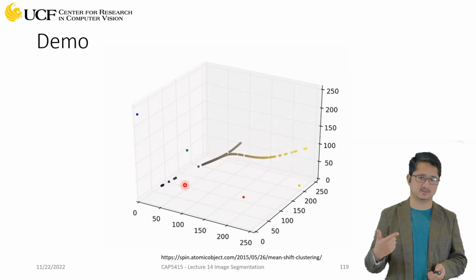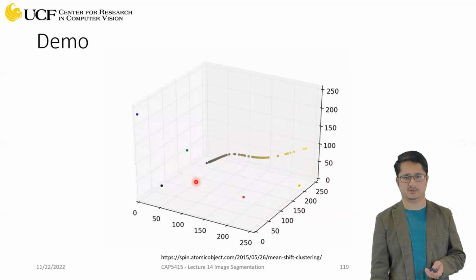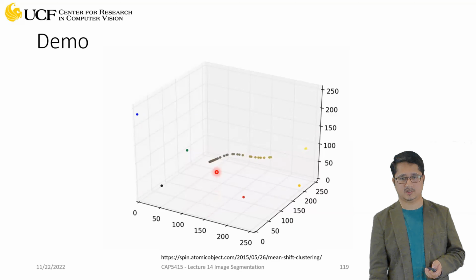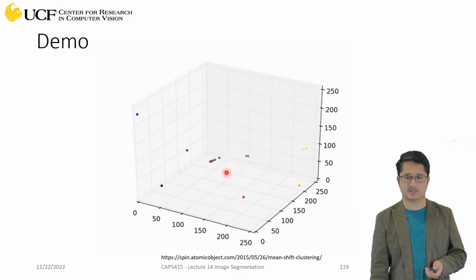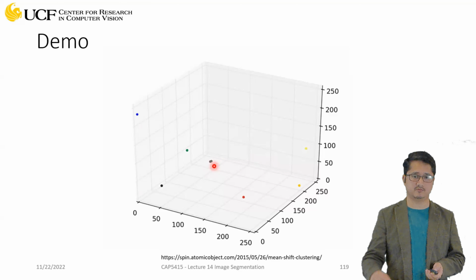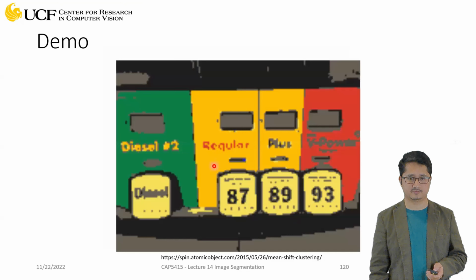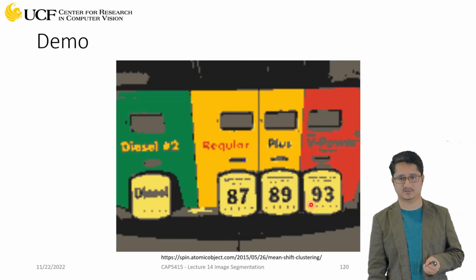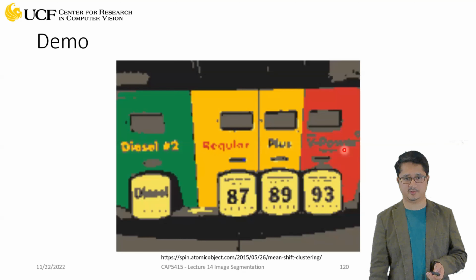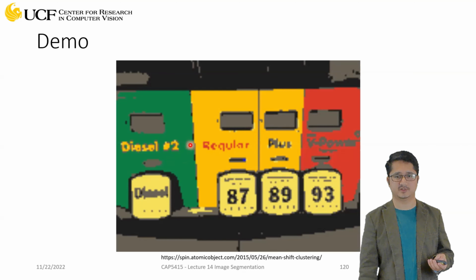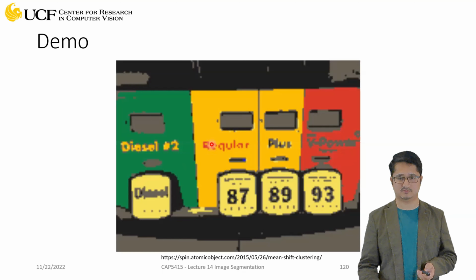You can see this is several iterations, maybe 80 or 100 iterations. And then the idea is that wherever these pixels were moving when we were converging, all of them belong to that particular segment. With that kind of convergence, this is the result you will get. It looks pretty decent, right? Some of the text is also segmented.